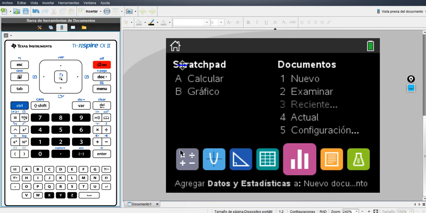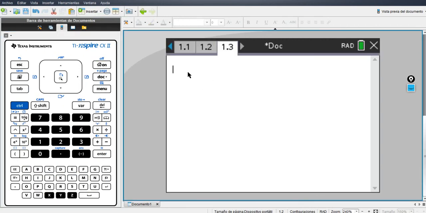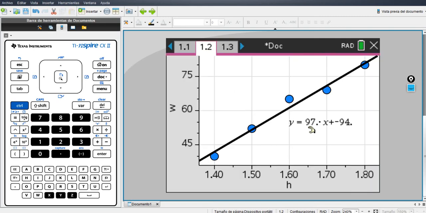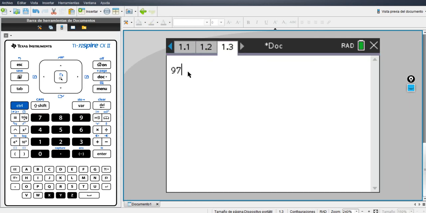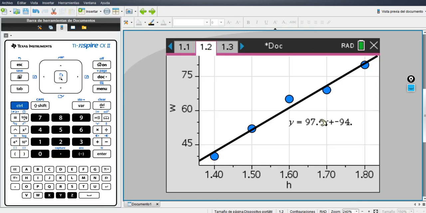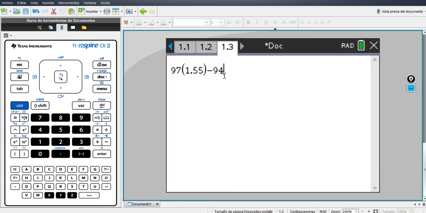Let's go home, go to the arithmetic icon. Another document is created, and let's write 97, which is the slope, and then multiply by the height, and then subtract 94. Enter, and this is the predicted weight, 56.35 kilograms, just like I told you, more or less 56.